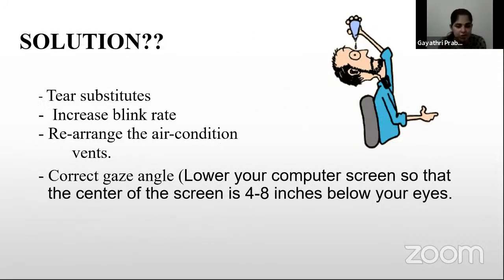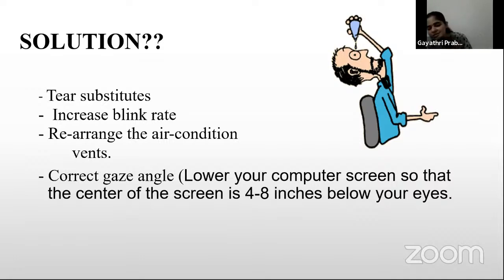Now, the solution for this: you could give tear substitutes, the obvious solution, so that the eyes get moist. You could teach the patient the importance of increased blink rate. You could make them understand the problems associated with AC rooms, and ask them to change the vent direction, or keep a humidifier to increase the humidity.